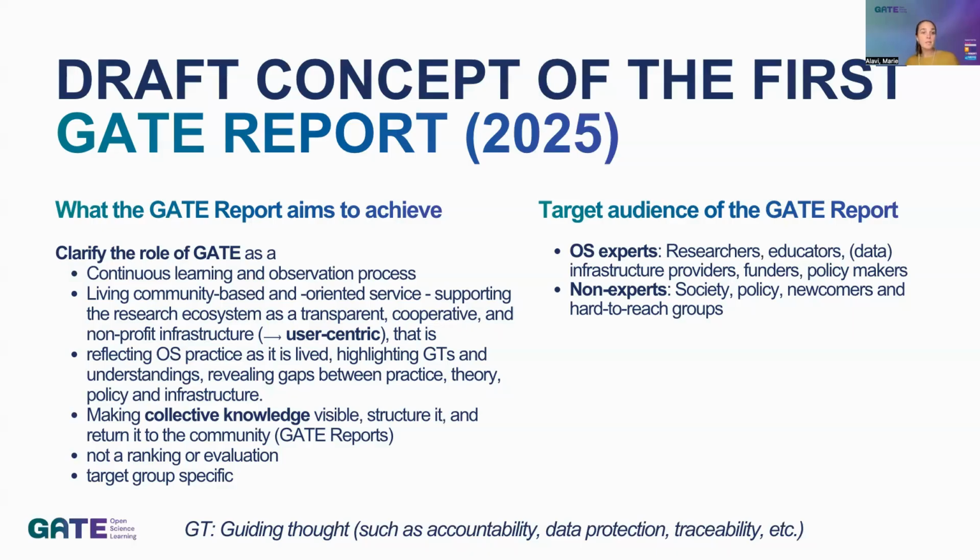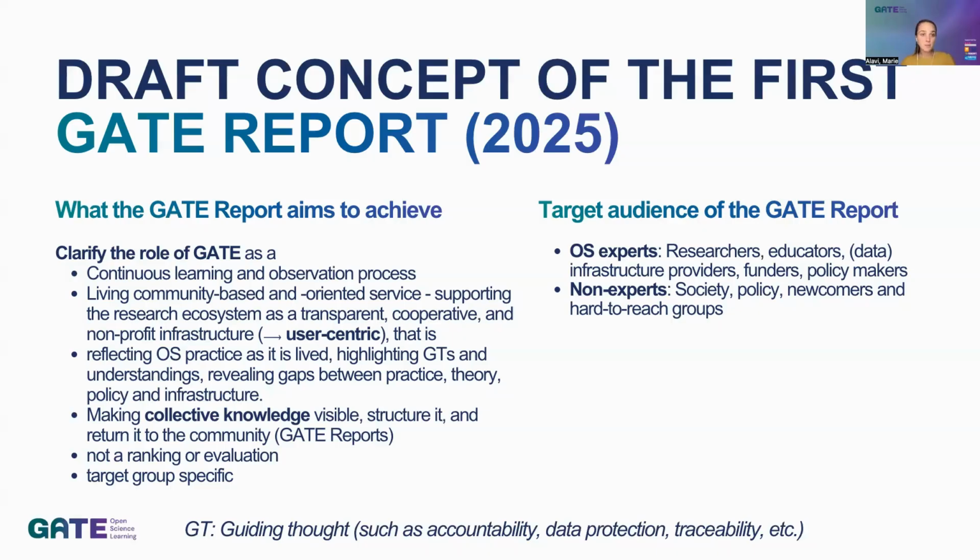And it's important to understand that it's not about ranking or evaluating any authors or materials. It's just providing the knowledge about open science and the development. And with increasing data, it can also be target group specific.